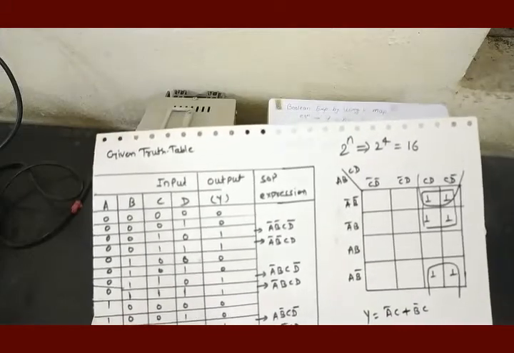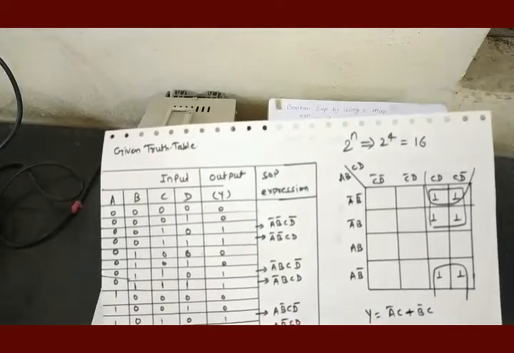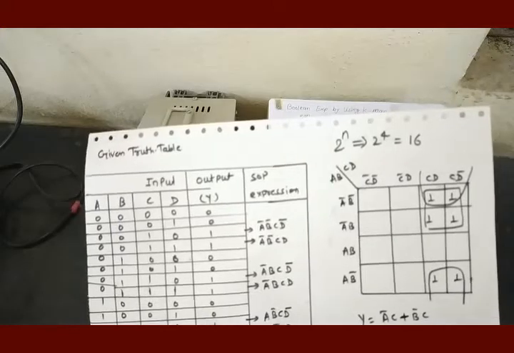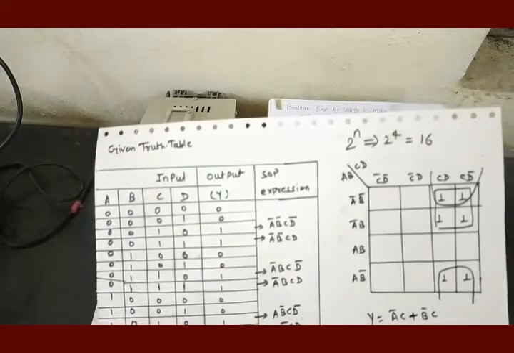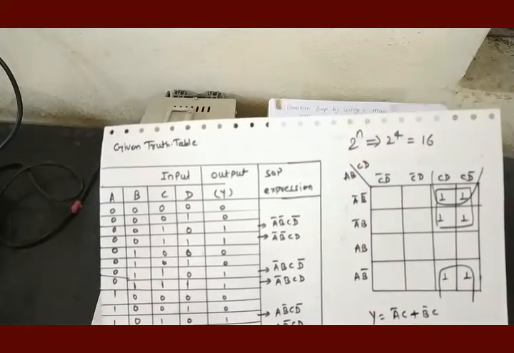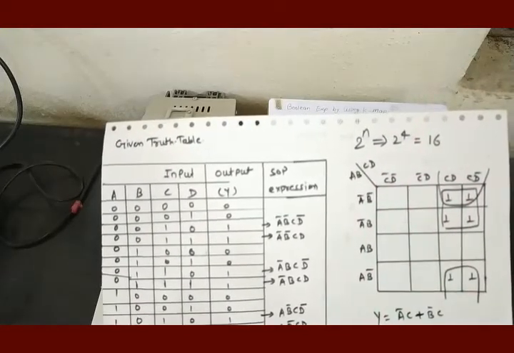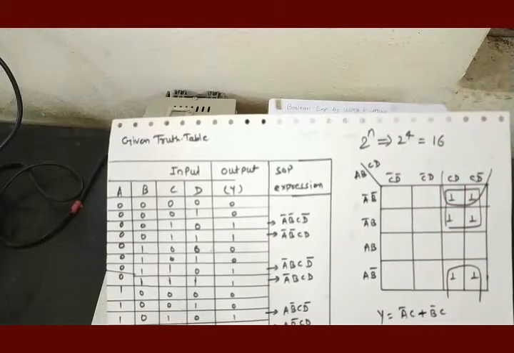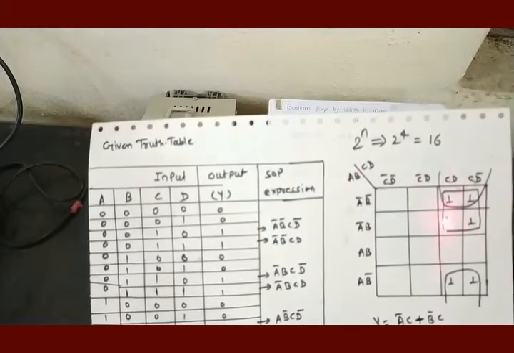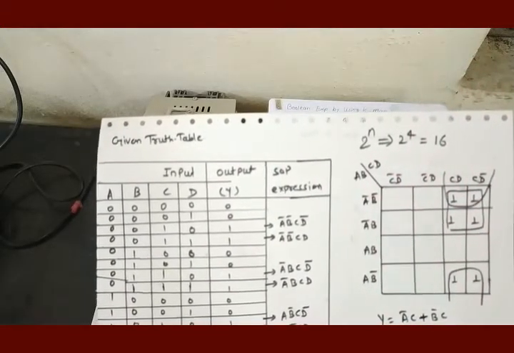If these ones are appearing diagonally, this is not considered as a quad. The 4 ones may appear this way, this way, or this way. This is rectangular form, this is square form, this is rectangular form.